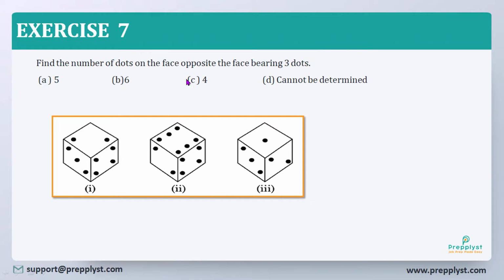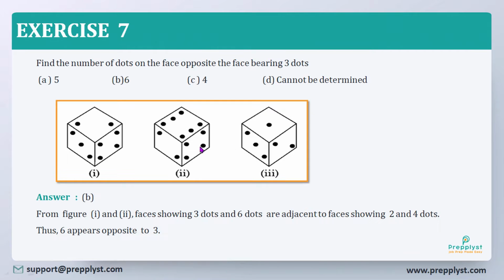Find the number of dots on the face opposite the face bearing 3 dots. You could study the 3 diagrams carefully and pause the video and answer the question. Now when you look at the first two figures, the faces showing the 3 dots and the 6 dots are adjacent to the faces showing 2 and 4 dots, which means now we have to find the number opposite to the face showing 3 dots, which is in the third one.